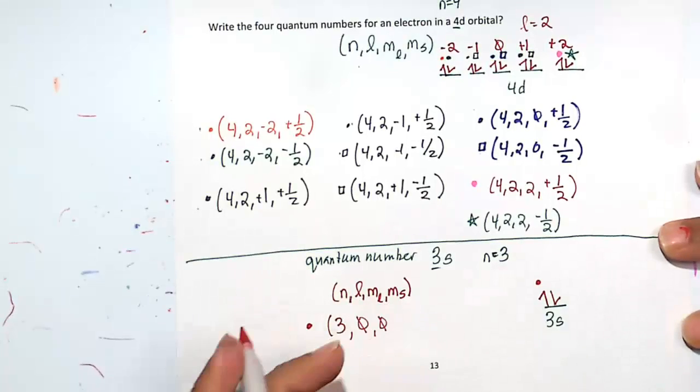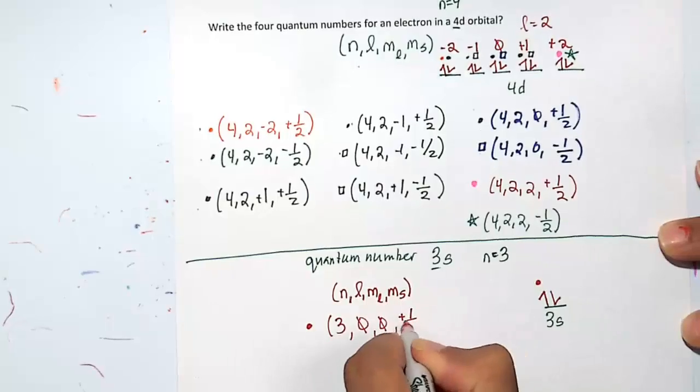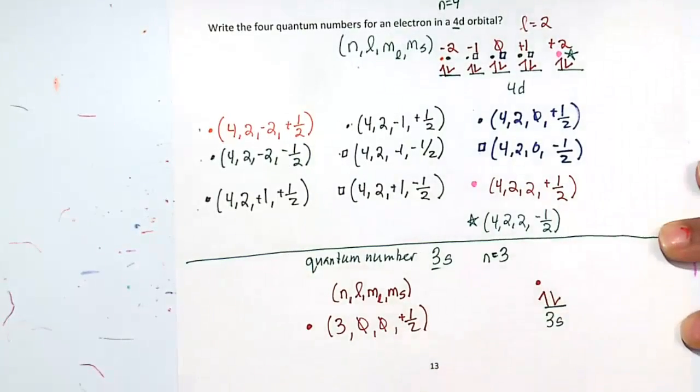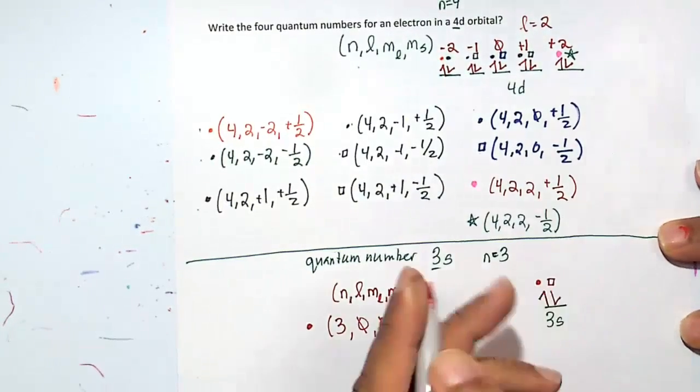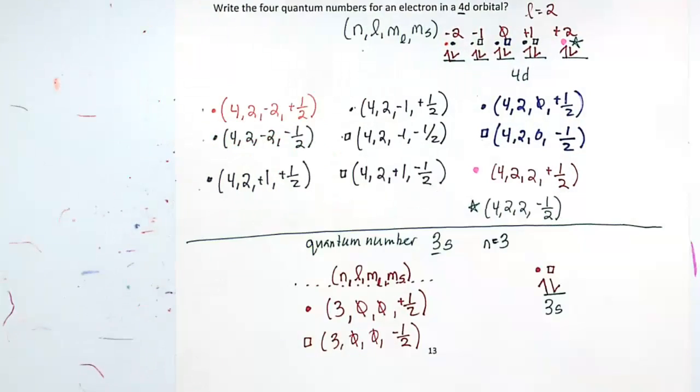The third quantum number by default is 0. And what I have here is a +1/2 electron in the red dot. This electron with the red square is exactly the same, except it's -1/2. So that's what it would be for 3s. You can do the same thing for 4s, 5s, 1s, and so on. That's how we determine the location of an electron.